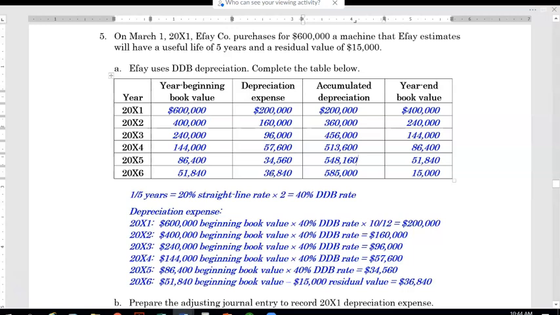So we say, okay, the year 6 book value is 51,840 minus 15,000 that I want to stop at. So 51,840 minus 15,000 gives us 36,840 to depreciate.